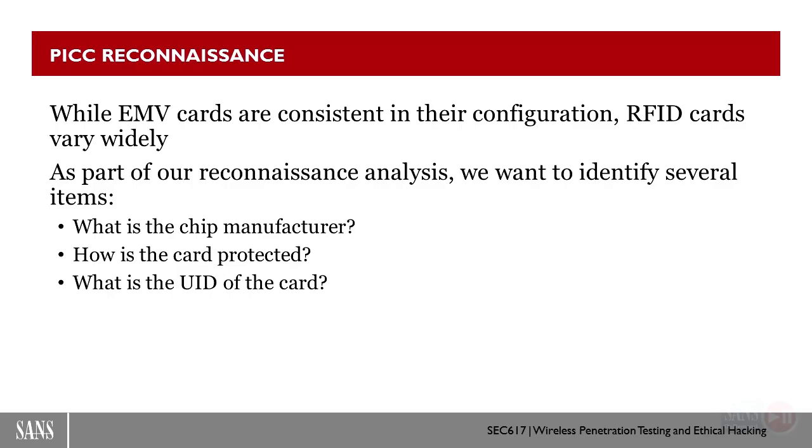So we now have to do some additional analysis to determine these other types of cards. What chips are in use, what modulation types, what's the unique identifier for the card, are they doing any protection or are they not doing any protection? So let's go down the path of figuring out what those tag types are and how we can do so.